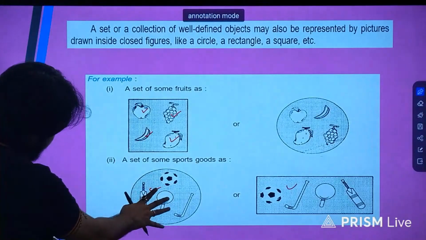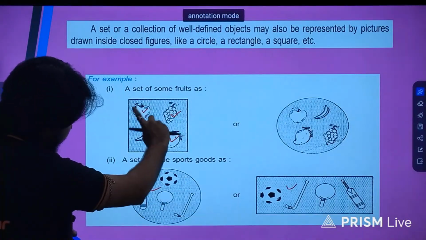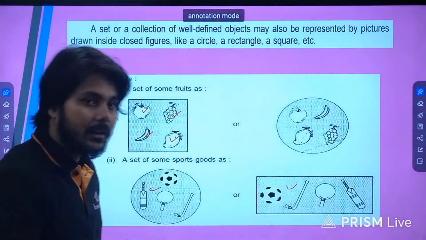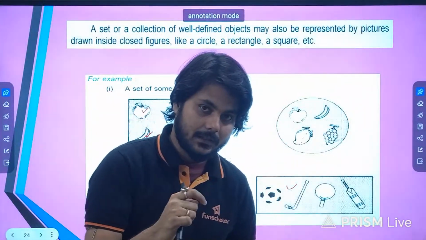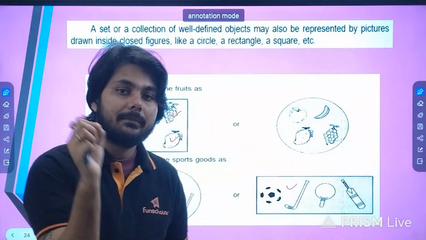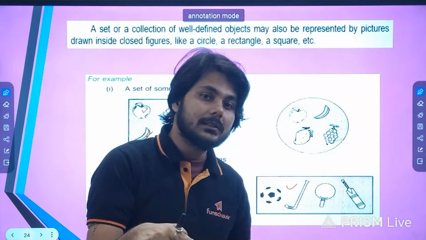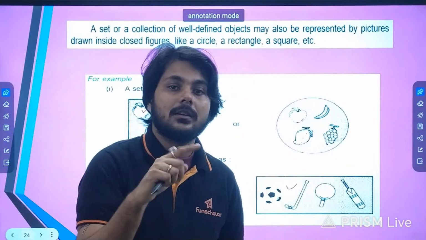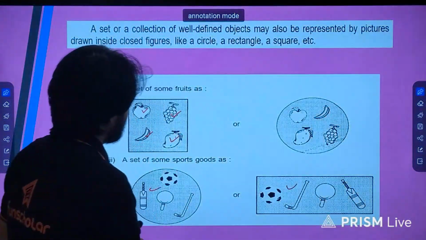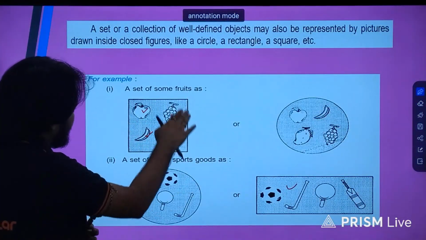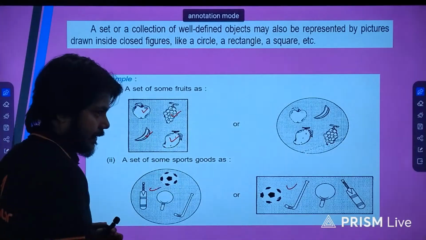So this is also a set, and these two will also be considered sets. Why? These are the pictorial representation way to define sets, but the pictures should be enclosed by a figure, no matter if it is a square or a circle.